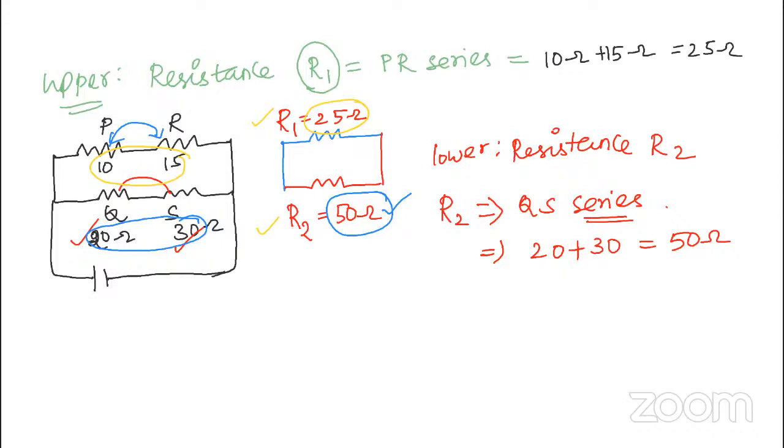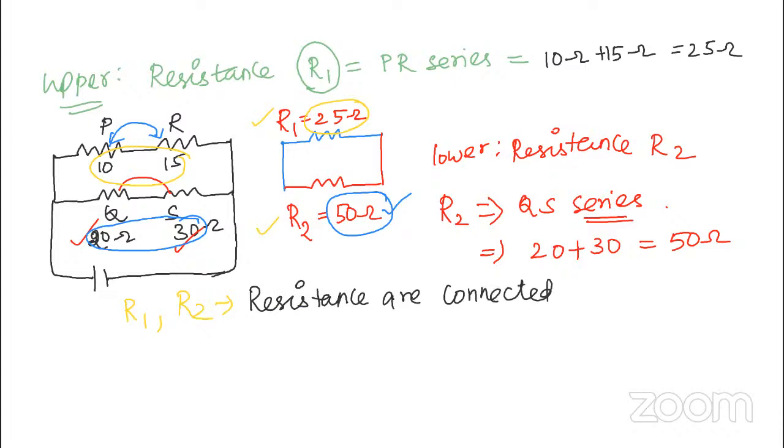That is the two resistances: you multiply the values, divide by, and the two resistances you have to add. Okay. So now R1, R2 resistances are connected in parallel.